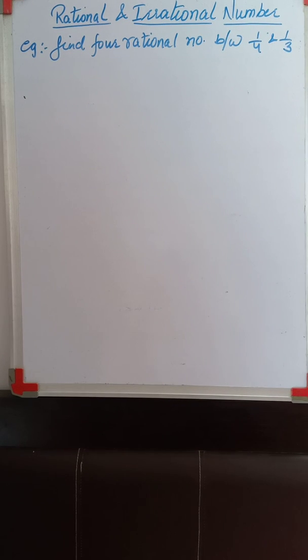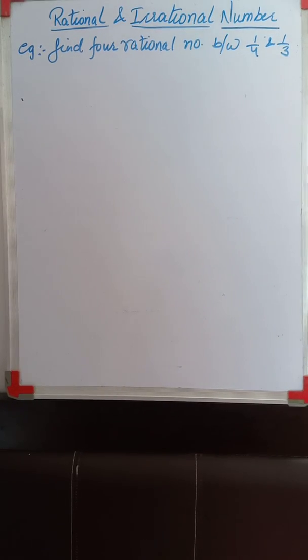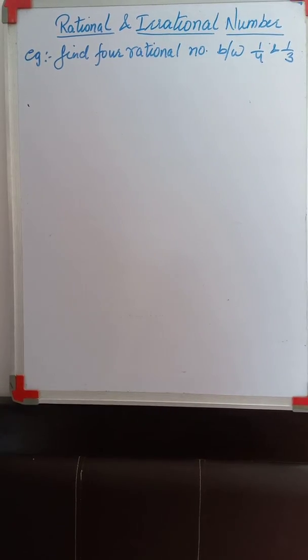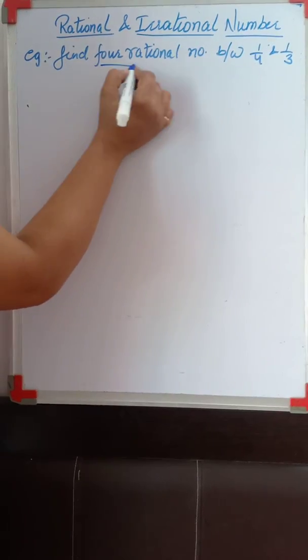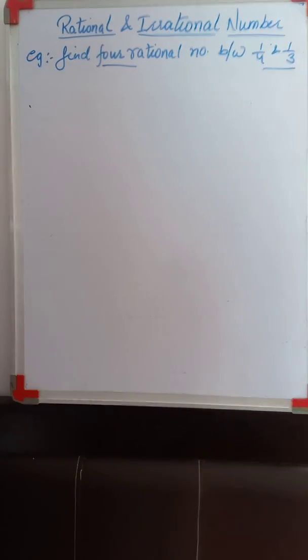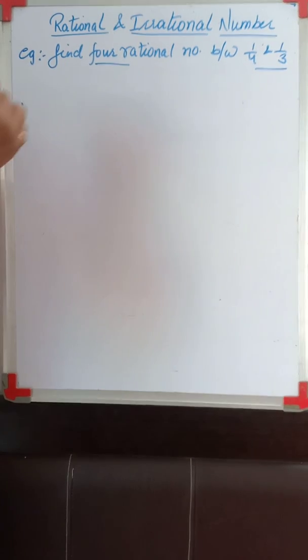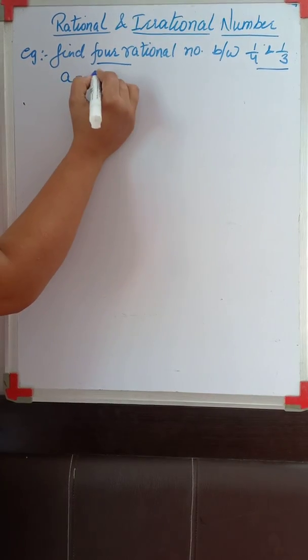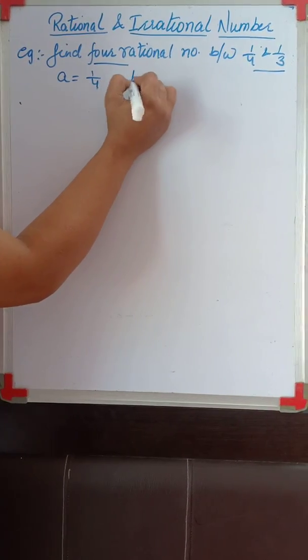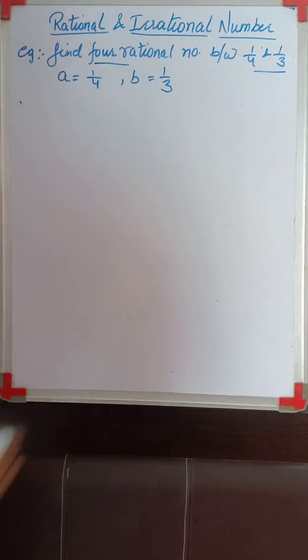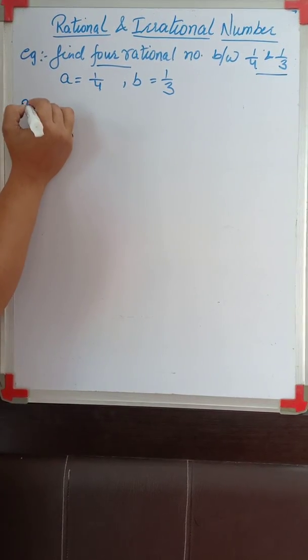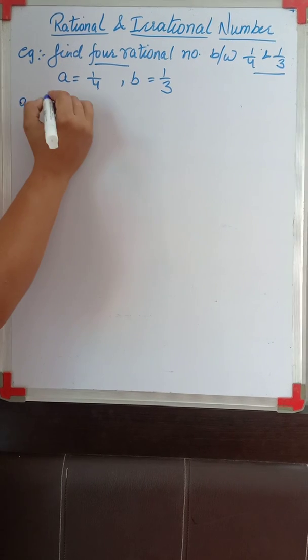So here I am going to solve a complete example about how to calculate the rational numbers. Over here I am going to calculate 4 rational numbers in between 1 upon 4 and 1 upon 3. So over here my A is 1 upon 4 and B is what? It's 1 upon 3. Now, as I told you, what is the formula? Q1 is equal to what?